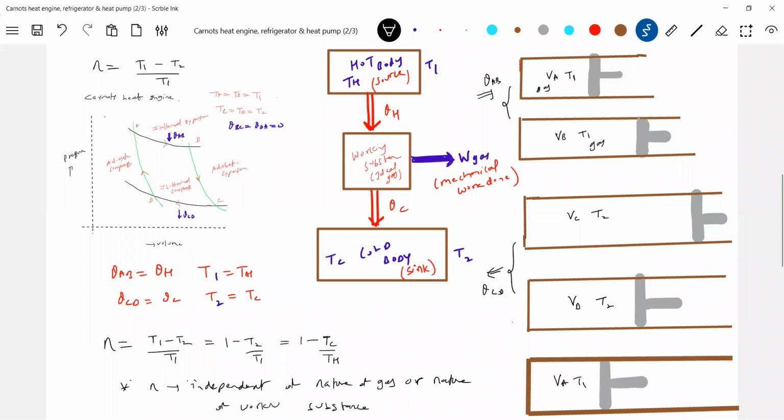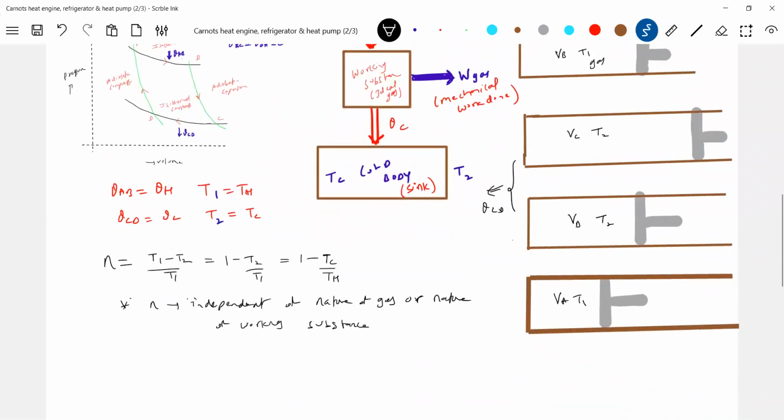Whether it is monoatomic or diatomic, let's not bother. Whatever gas you fill up, we are not bothered now. Eta is independent of the nature of the gas or working substance. One thing, now eta depends on the temperature of the source and sink only. Getting the idea?